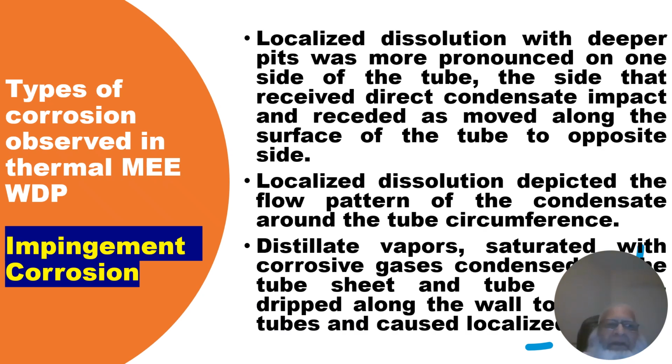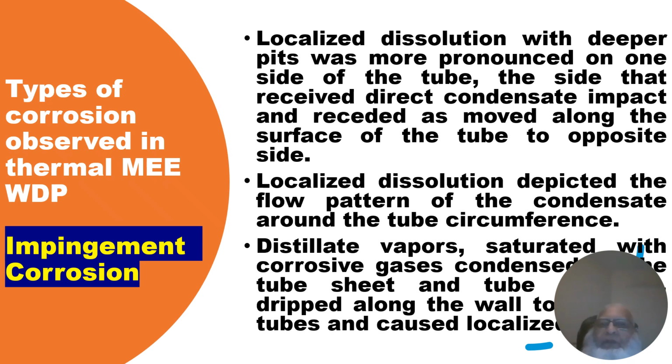This slide is the continuation of the observations made as a part of impingement corrosion in thermal MEE WDP. Localized dissolution with deeper pits was more pronounced on one side of the tube, the side that received direct condensate impact and receded as it moved along the surface of the tube to the opposite side.